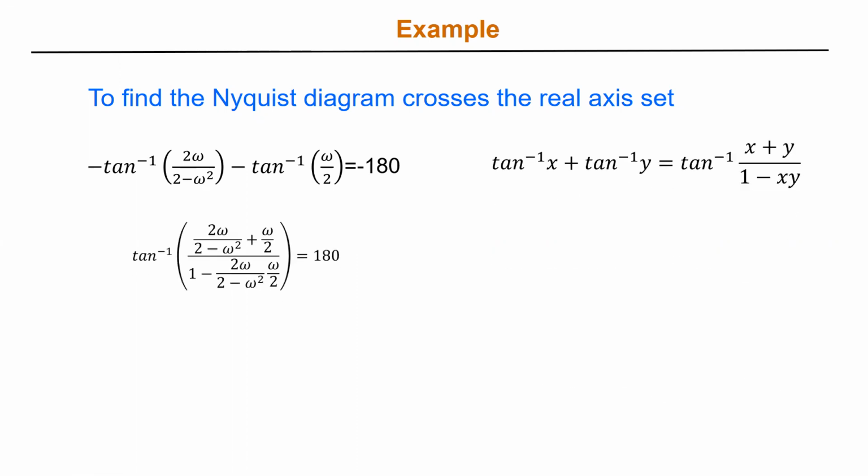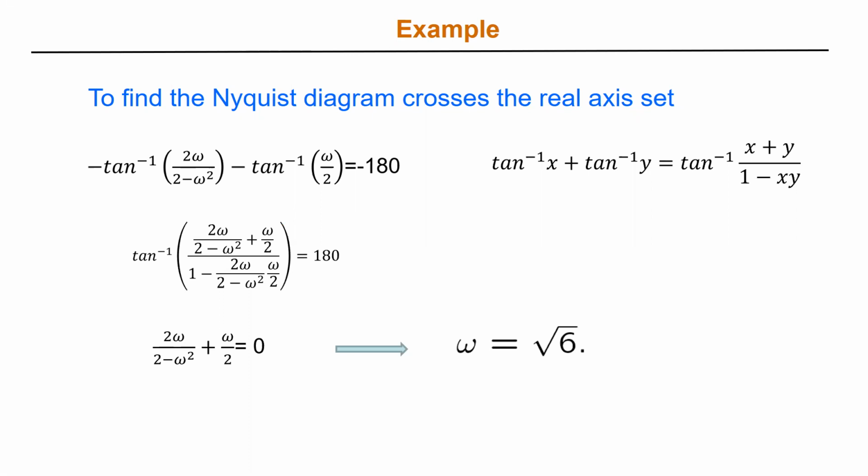Solve for it, and you will get omega equal to root 6. Possibly we'll have another omega, but it is a second order equation; the other one is either 0 or negative, so we ignore it. We take omega equal to root 6.